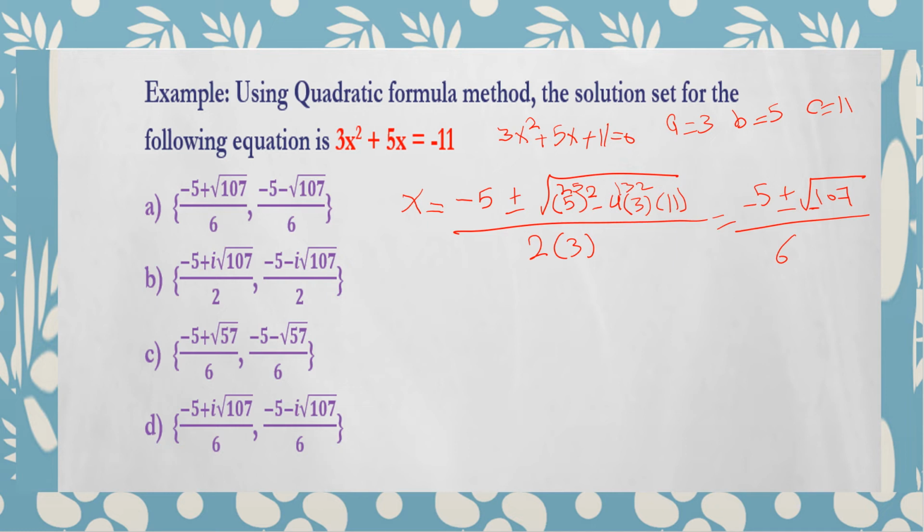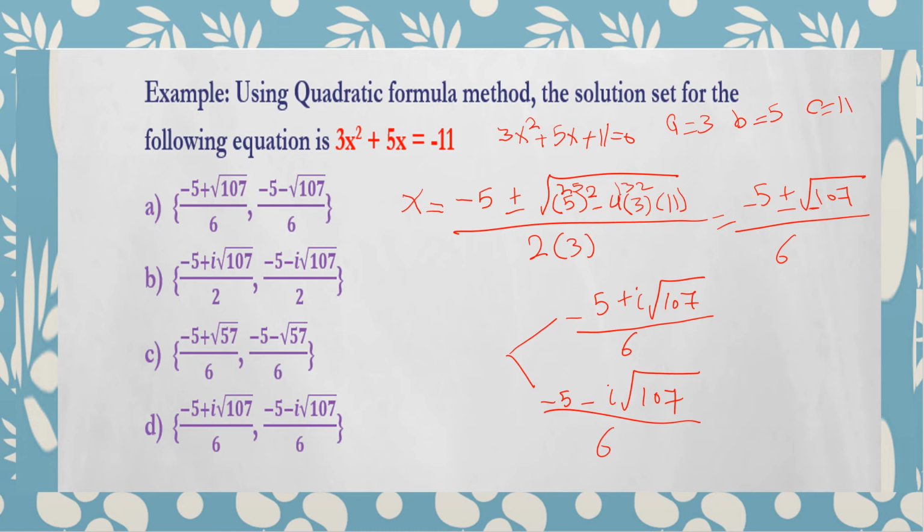So the solution set is minus 5 plus, and we don't have a square root for a negative number, so this equals i times square root of 107 over 6, and also negative 5 minus i times square root of 107 over 6.